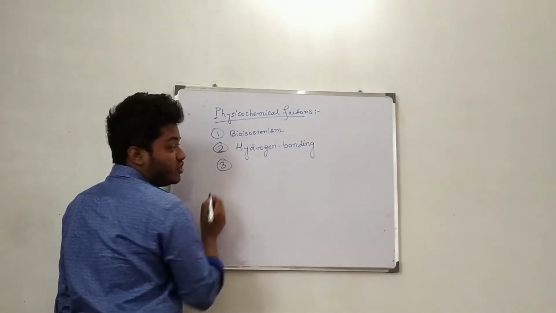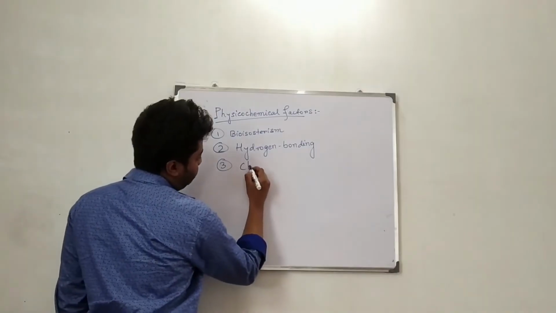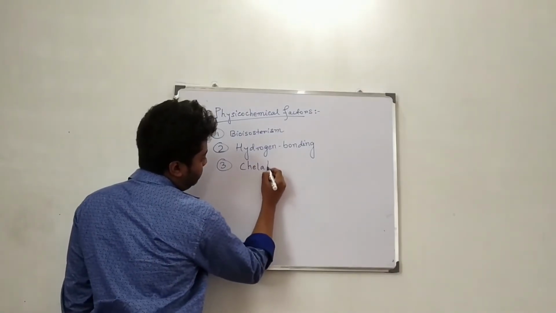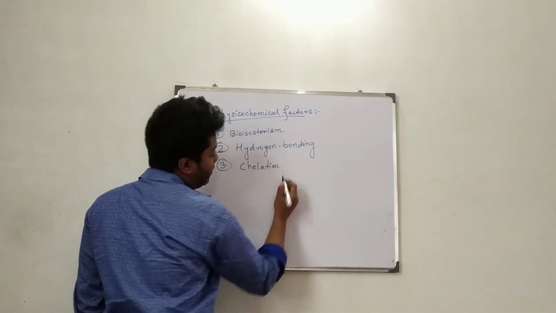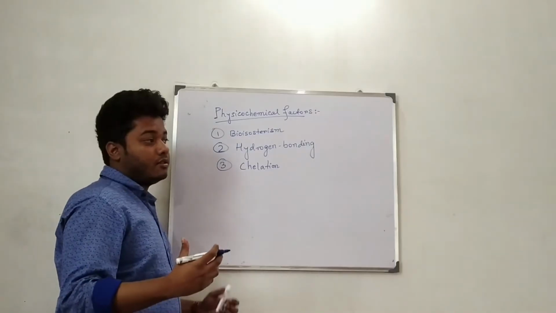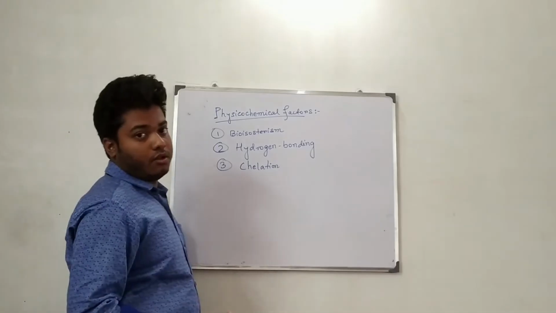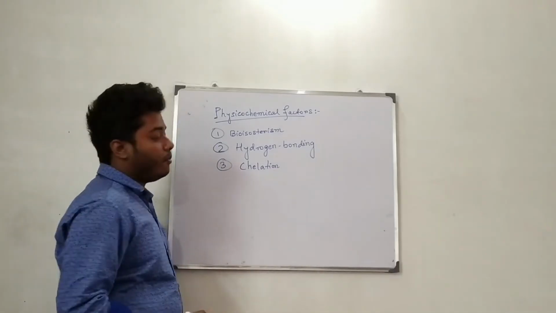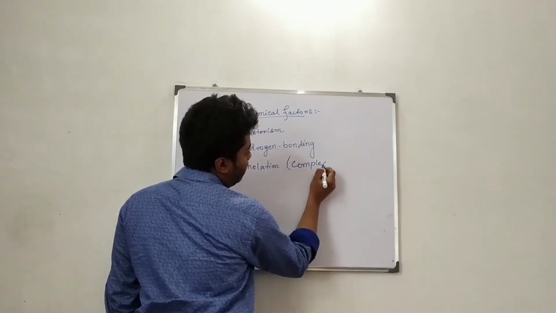Third is chelation, that is, the ability of the compound to form complex compounds. We have already studied in class 12 that chelation is complex formation.